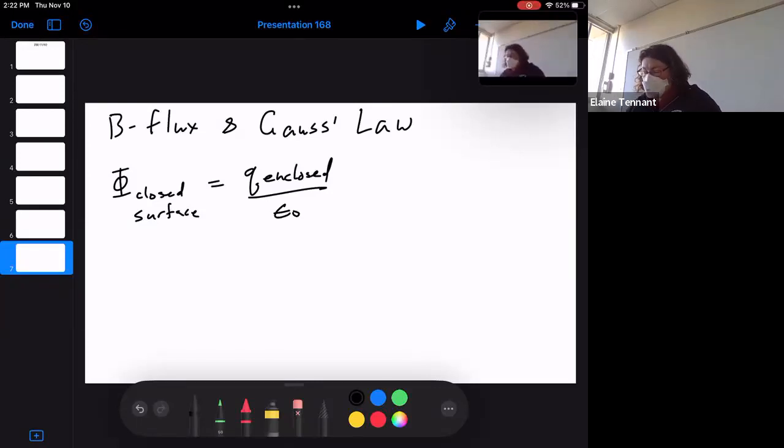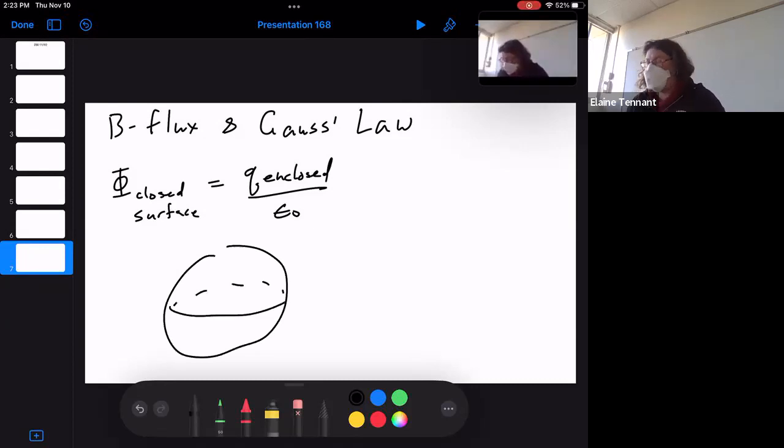So it said that if I had some closed surface like a sphere or a cylinder or even like a blob, as long as it was completely closed, then whatever charge I had inside of that surface would be directly proportional to the electric flux through the surface.